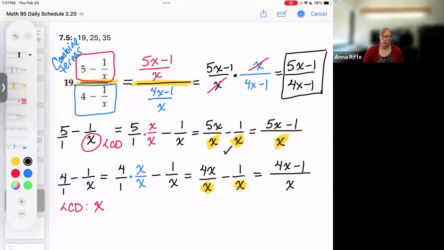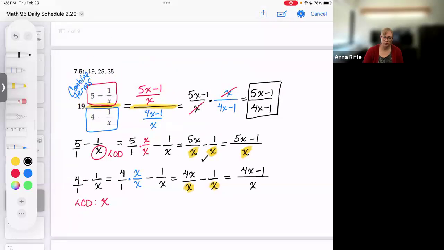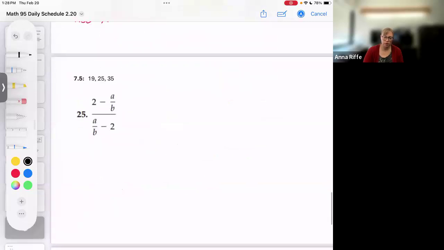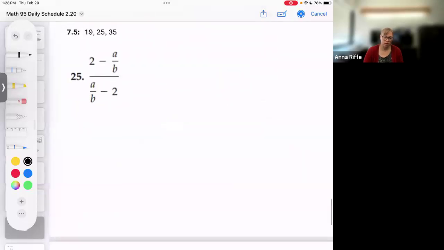Let's move to the next one then. The next one is actually a little bit quicker. Let's do number 25. Number 25 looks very similar in setup, actually.